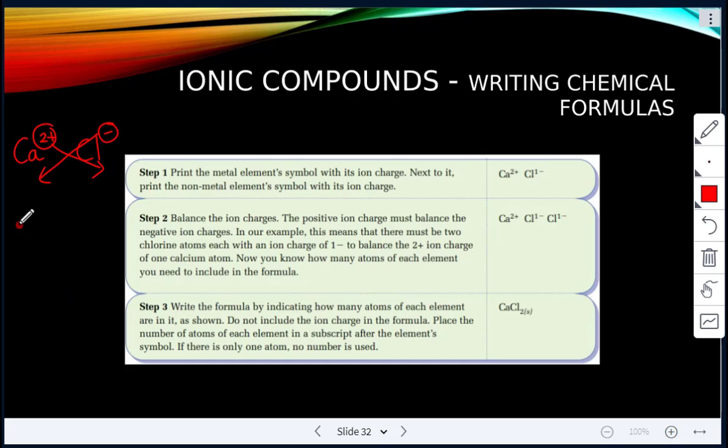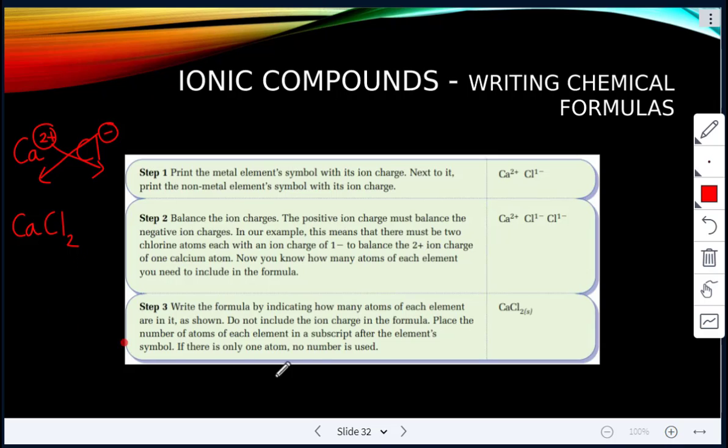So that becomes a Ca. The minus is just shown as a 1 here. We don't write the 1. And then chlorine, the 2 comes down like that. Once you've crisscrossed and you write the numbers as subscripts, if you can reduce, then you would reduce at the end. Otherwise, you would just leave it like this.